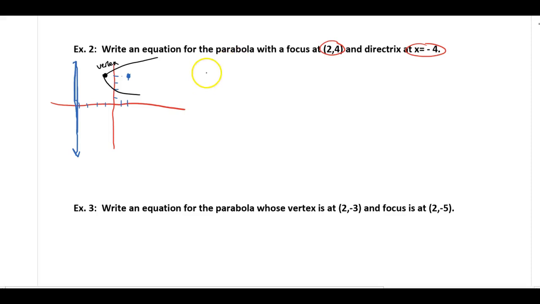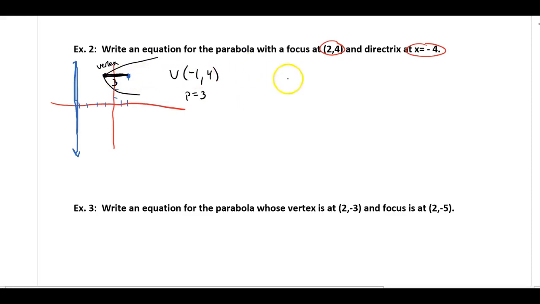So now, right away here, my vertex ends up being at negative 1, 4, okay? Then in addition to that, I can find p, because what is the distance from the vertex to the focus? We said that was 1, 2, 3 units. So right away, p is 3.